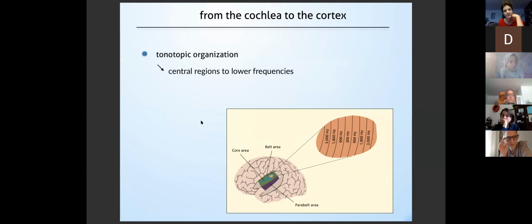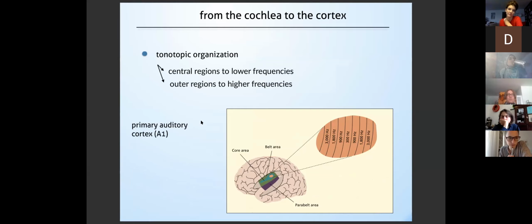Yeah, so the central region responds to lower frequencies and the outer region to higher frequencies, okay? And this, again, is called A1, or primary auditory cortex, the Heschl's gyrus. But then you see that as you move away from that, you have a core area and a belt area, and also a parabelt area, right?